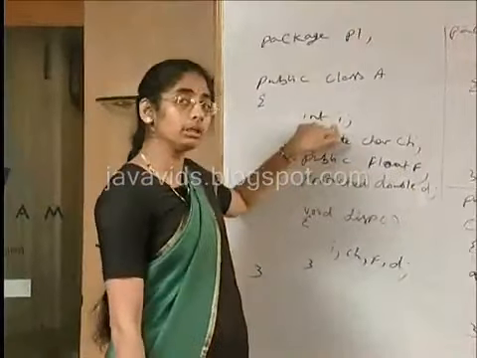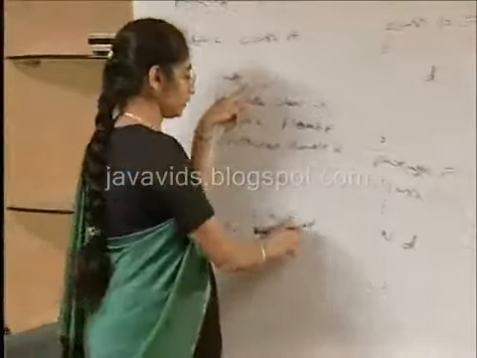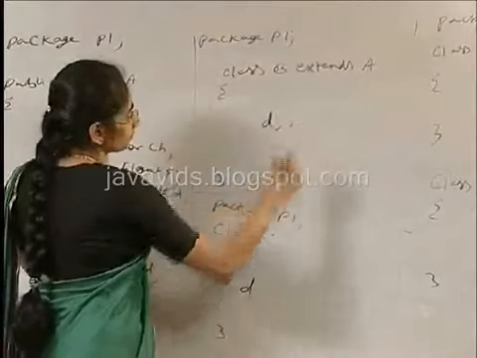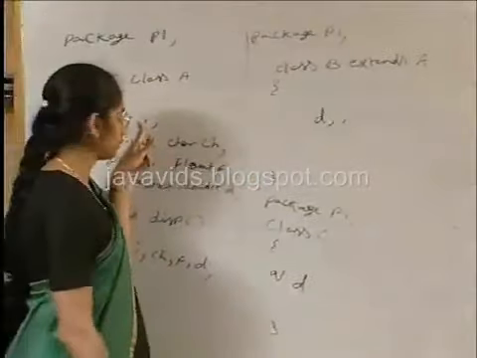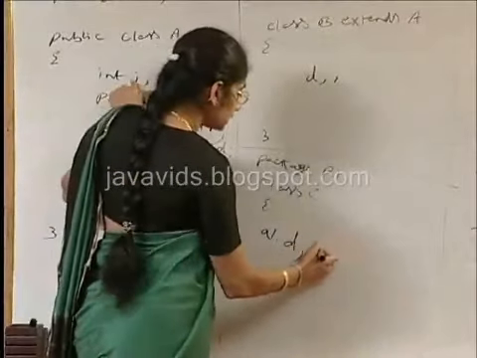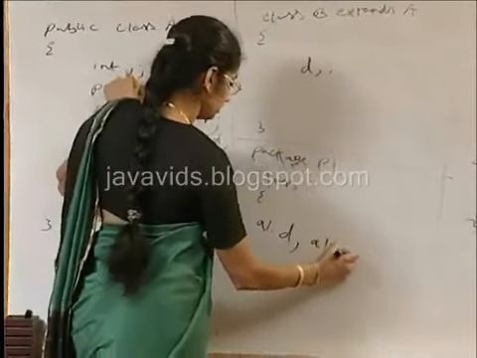A default member or a package member can be accessed from within the same class, within a subclass which is in the same package, within a non-subclass in the same package.